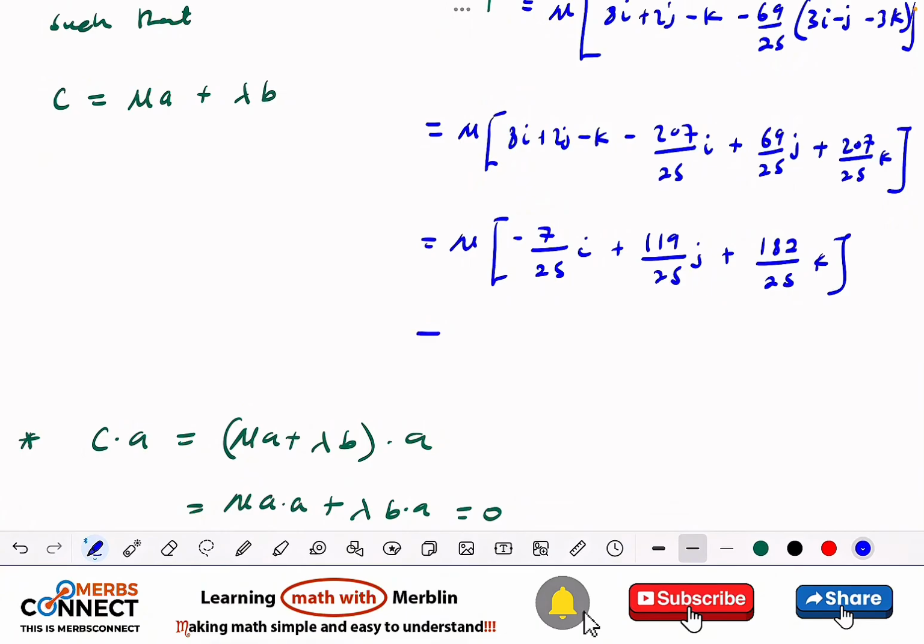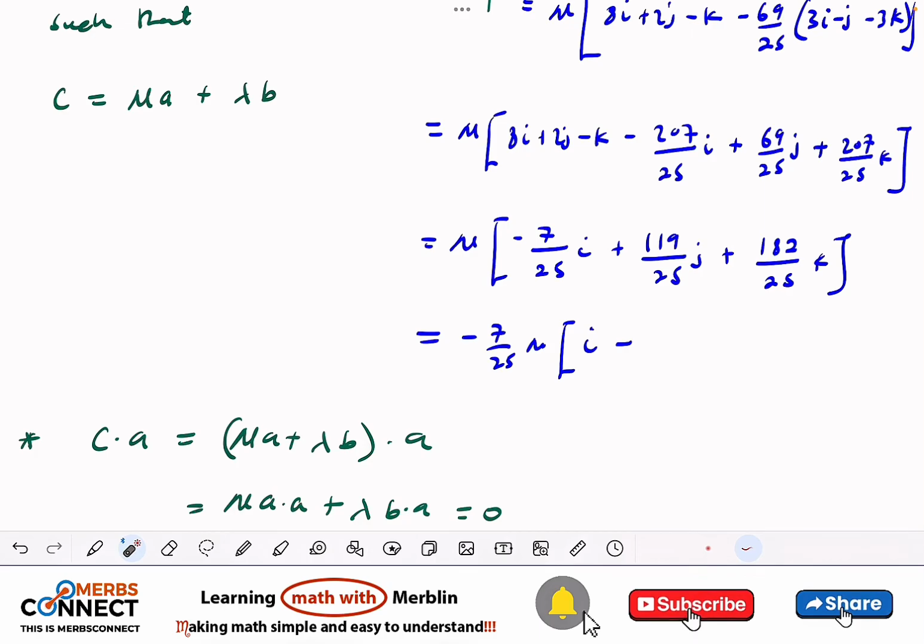So now what can we do? We can factor minus 7 over 25 out. So when I do that, here will be left with i. When I do that, this one will become minus, when you factor 25 out, this will be 25. 7 divides 119 how many times?